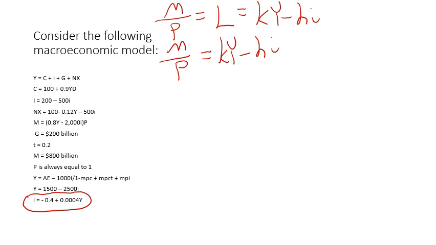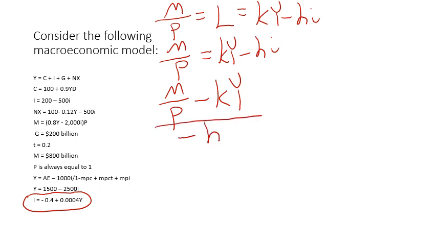So let's see. What can we do here? M over P minus K times Y divided by negative H is equal to the interest rate.